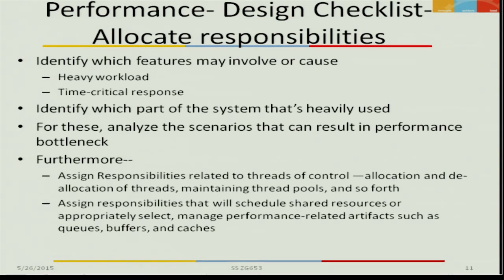Assign responsibilities that will schedule shared resources, or appropriately select as well as manage performance related artifacts such as queues, buffers, and caches. Here what it means is that you need to find out who is actually handling these artifacts, like queues, buffers, and caches, which are related to performance, and plan for fine-tuning that.